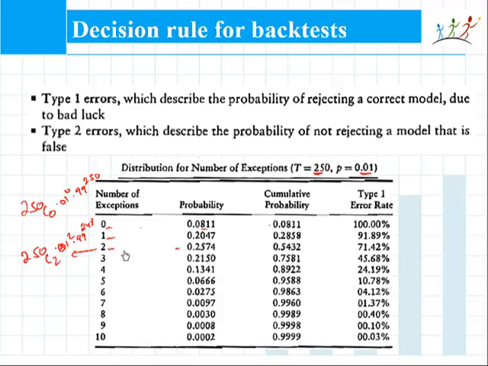So what is the probability of seeing less than or equal to 2 exceptions? That is, you see either 2 or 1 or 0. So the cumulative probability of seeing less than or equal to 2 exceptions is 54.32%. And that is what the third column tells us.